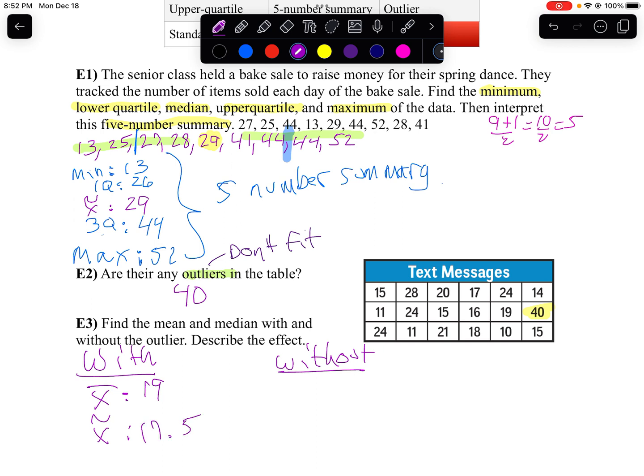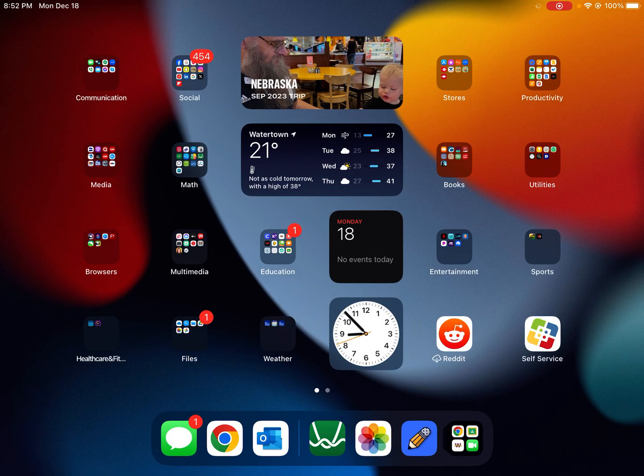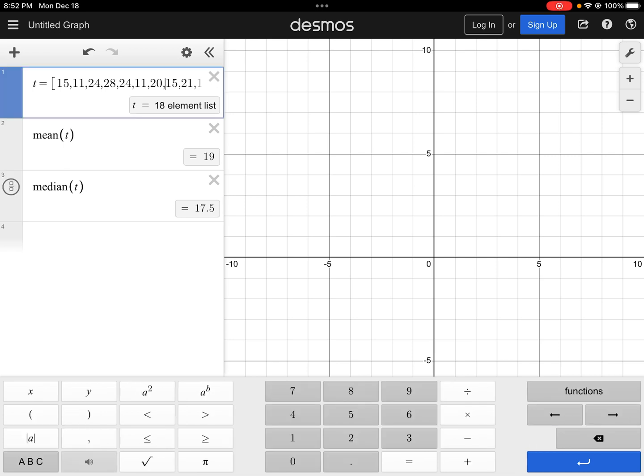Now, let's take that 40 out of our data set. So I want to go back to Desmos here. I'm going to press my red arrow until I get to 40. And mine's towards the end. There we go. I'm going to delete the 40.